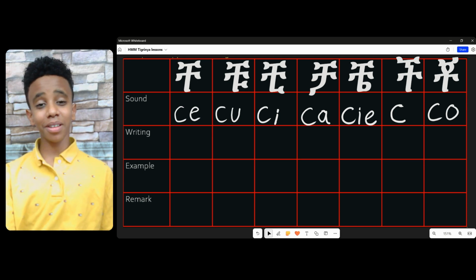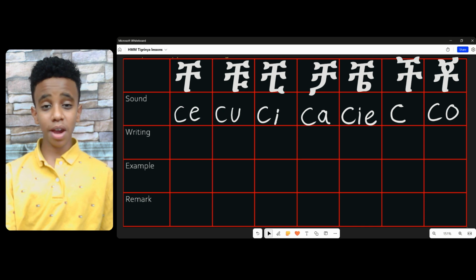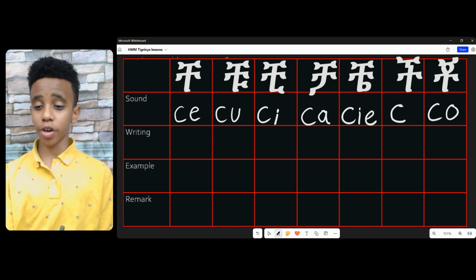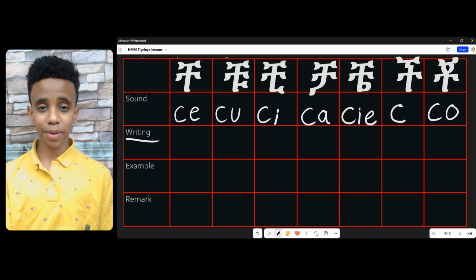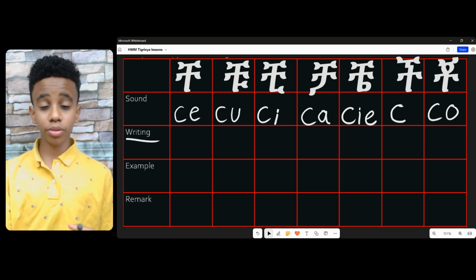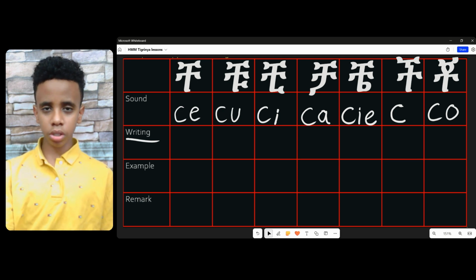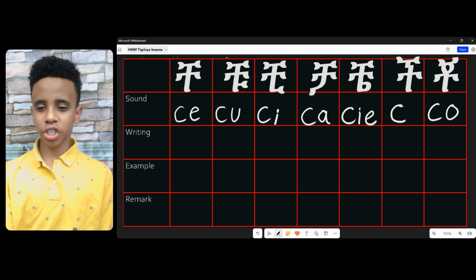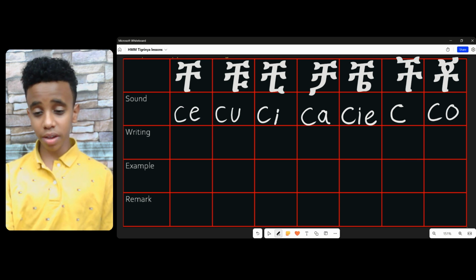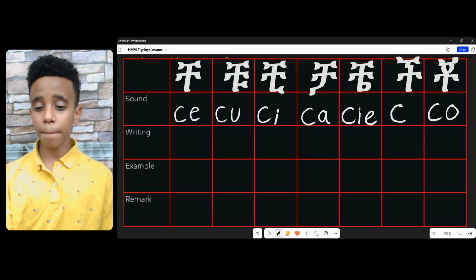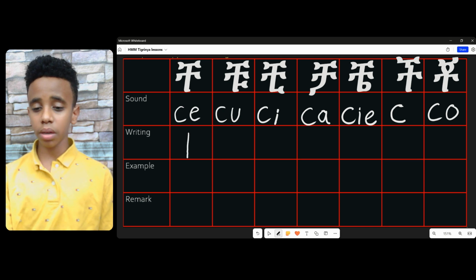Alright, now let us go to our writing part of this template. So now you know how to pronounce these Tigrinya letters, let's learn how to write them. Our first letter, as you just learned, is the letter Che. You can write it in Tigrinya by making something that kind of looks like a cross, but it's not literally.